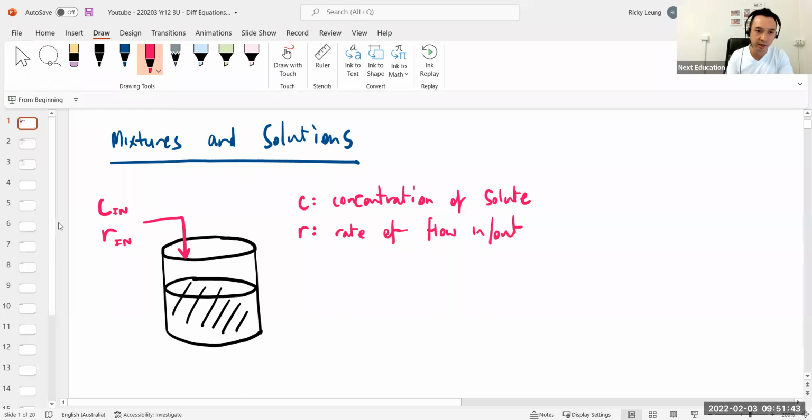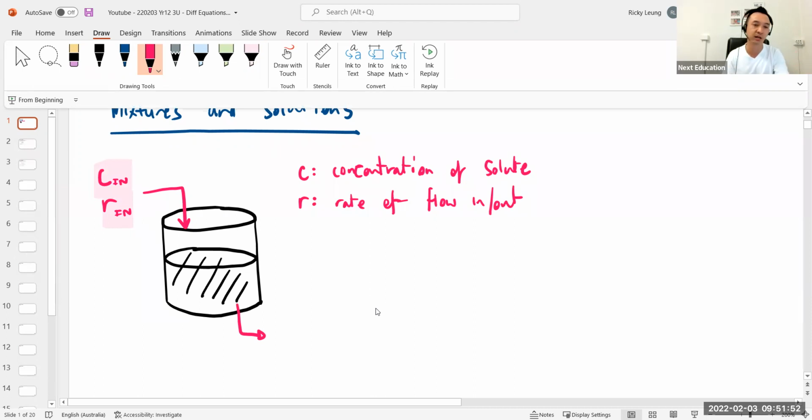What's important is there are two inputs in, and then there'll be two outputs out, right? So this container or tank has an in valve and an out valve, or some sort of tap in and a release out. So the outputs, generally speaking, are C out and R out, right?